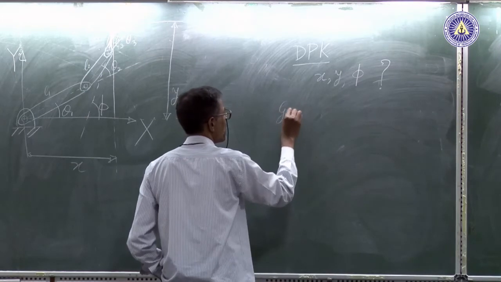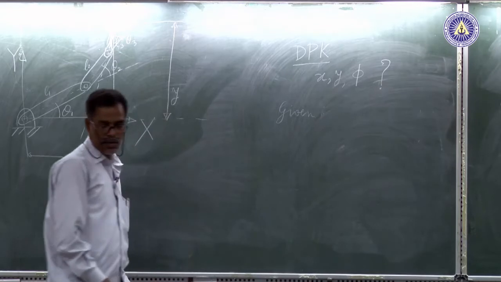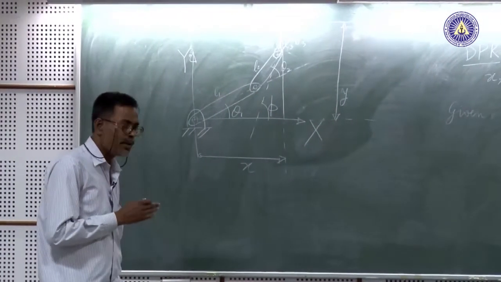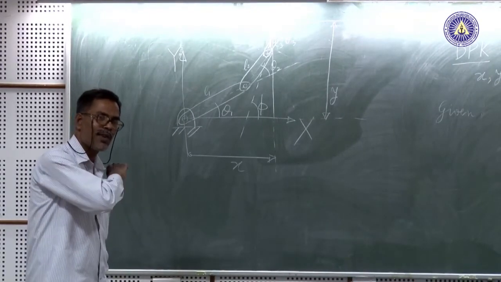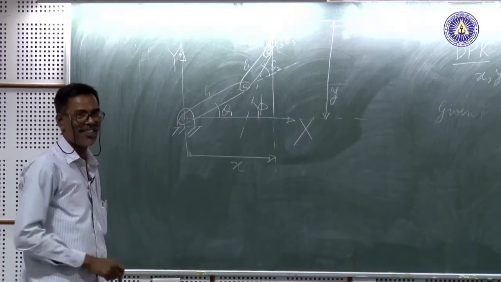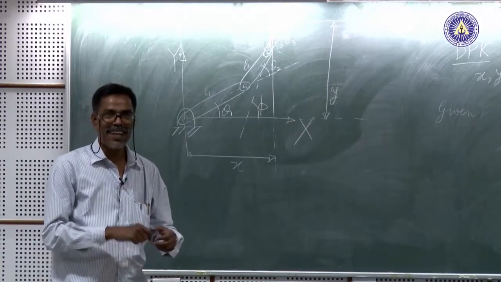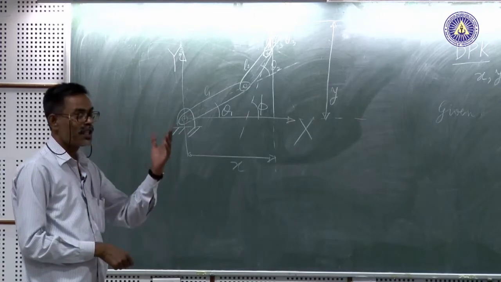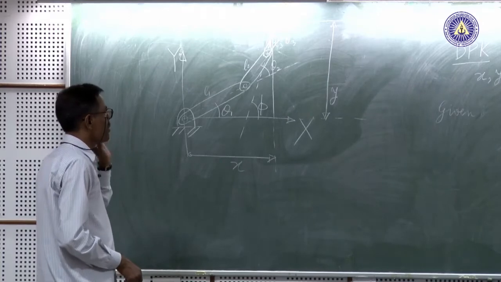What are given? What are the things that are given? L1, L2, L3 is one set of things that is given, that is given for life. Life, not our life, for that robot's life. Because if we disassemble that thing and rearrange them, then they will change. So, for the life of that assembly, L1, L2, L3 is given certainly.